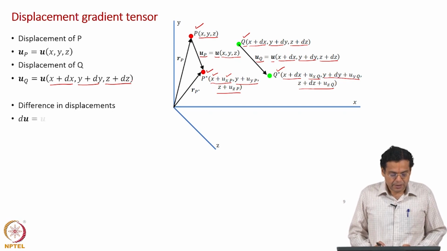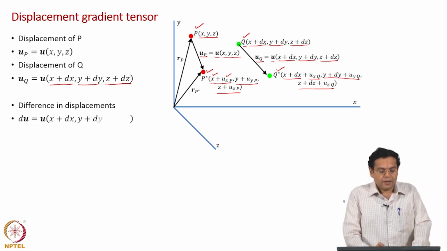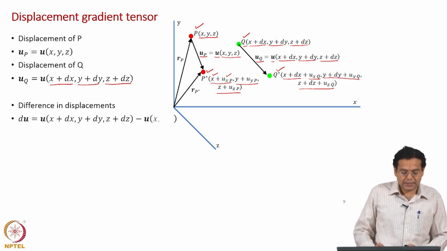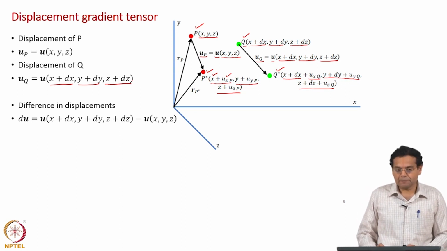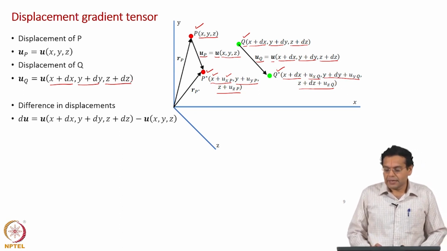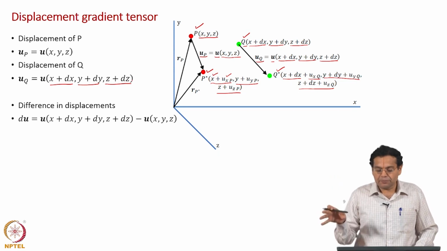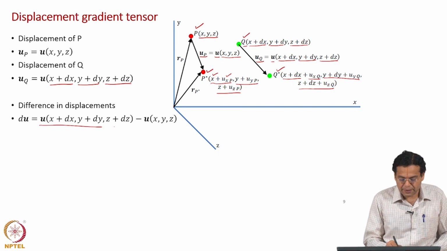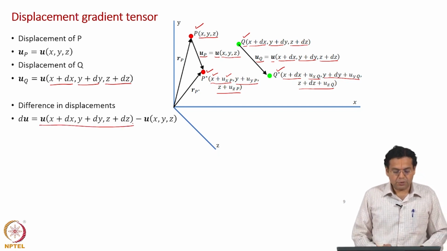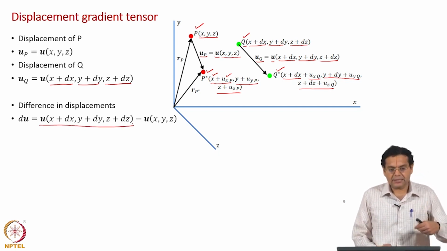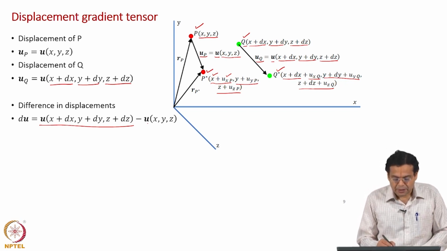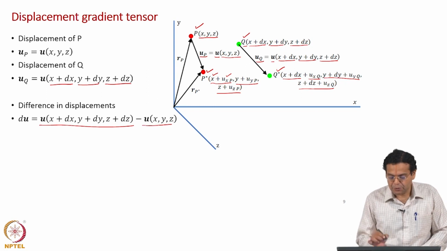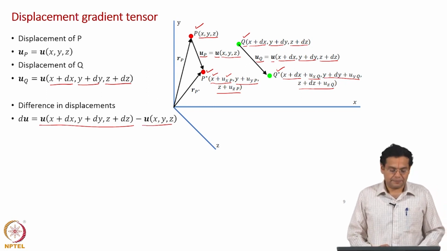Okay. Now, how do you represent the difference in displacement? It is d of the u vector. In our case, the displacement of q minus the displacement of p. The displacement of q is given by u evaluated at x plus dx, y plus dy, z plus dz, minus the displacement of p, which is u evaluated at x y z.